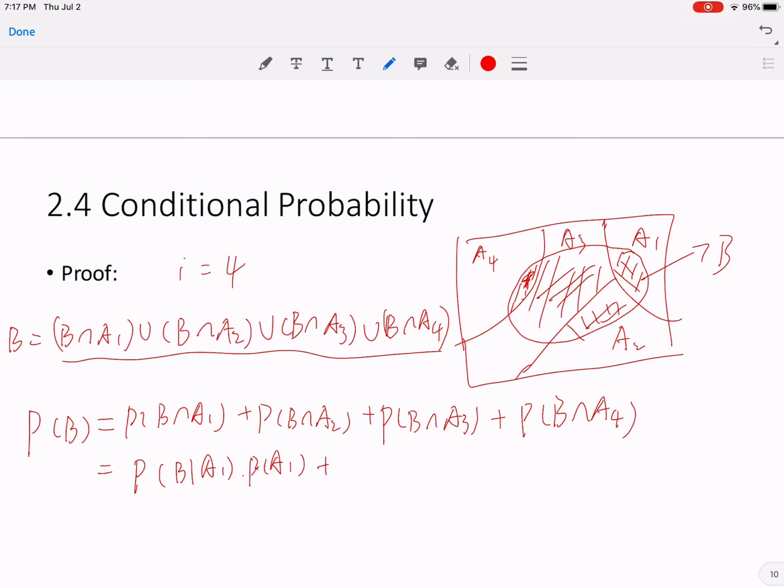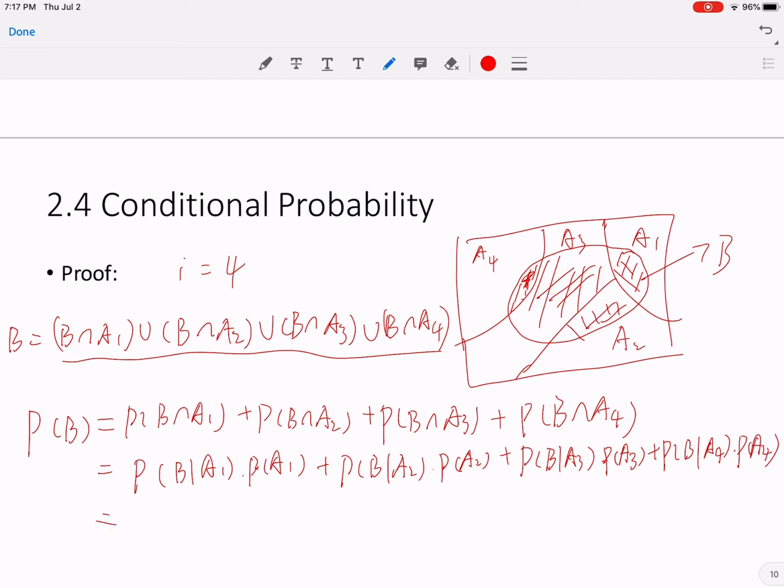And then plus the probability of B given A2 times the probability of A2. And then plus the probability of B given A3 times the probability of A3. And then plus the probability of B given A4 times the probability of A4.